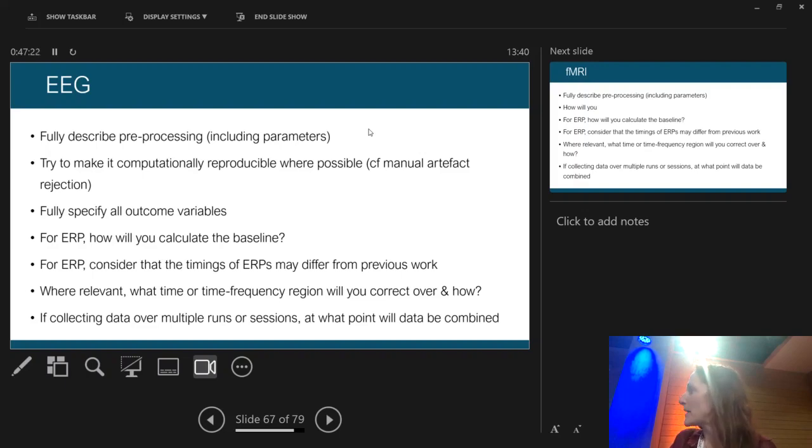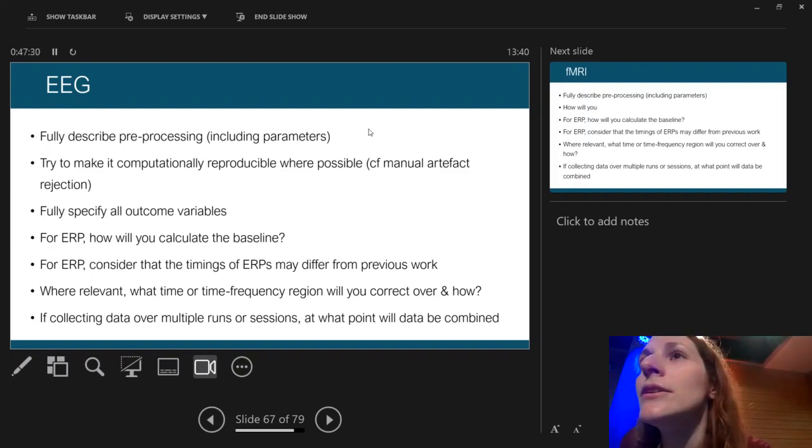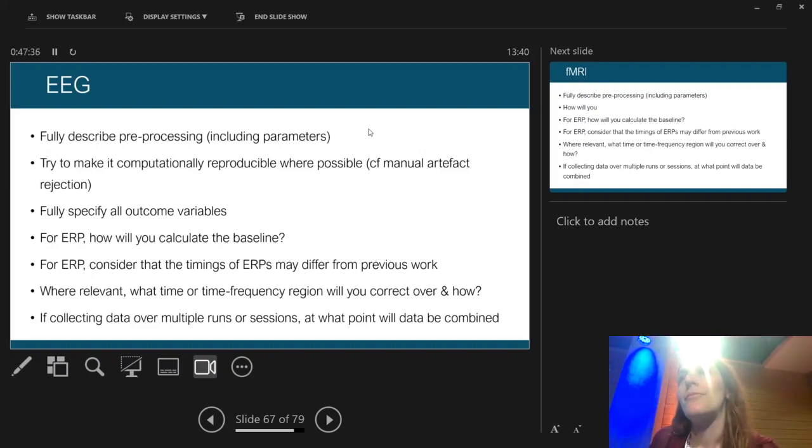You would also need to fully specify all your outcome variables in detail. Personally, I would just say I'm going to do it manually, and these are going to be my criteria.